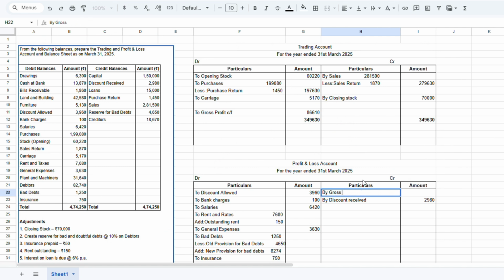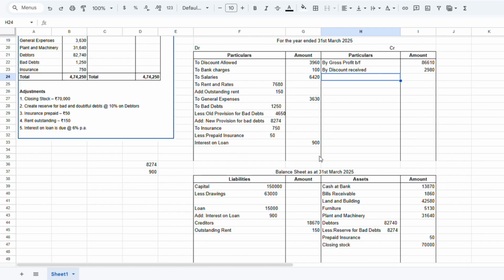We have the profit and loss account. Gross profit, we will take it down. 7,680 minus 150 is 7,830.